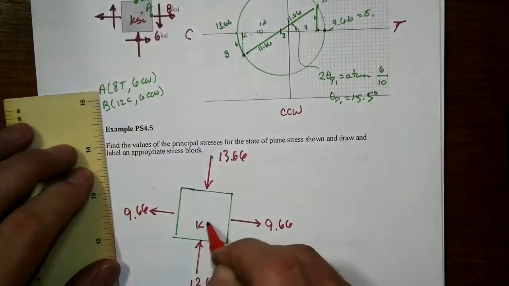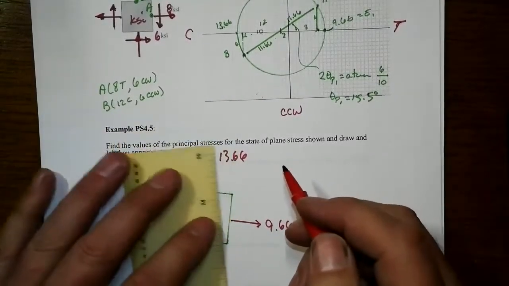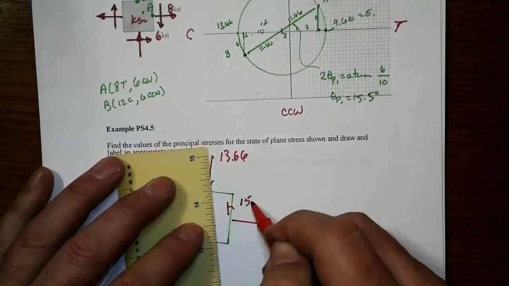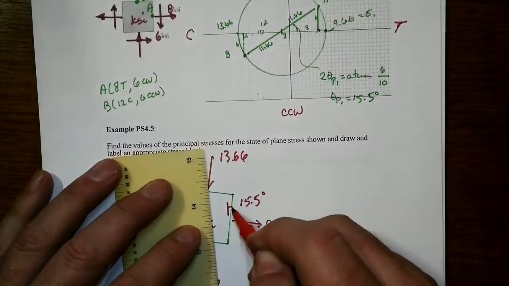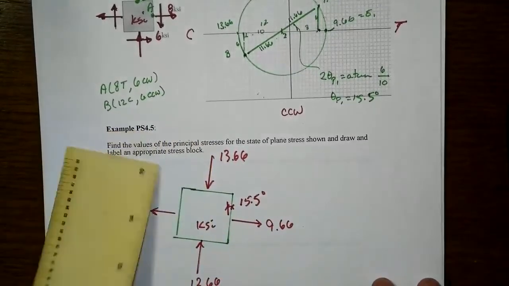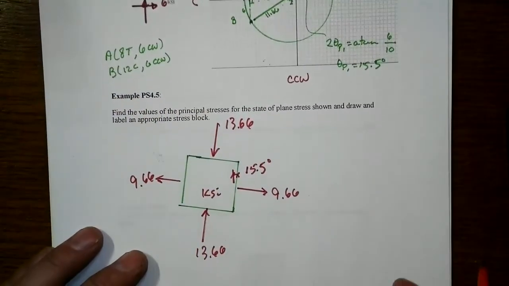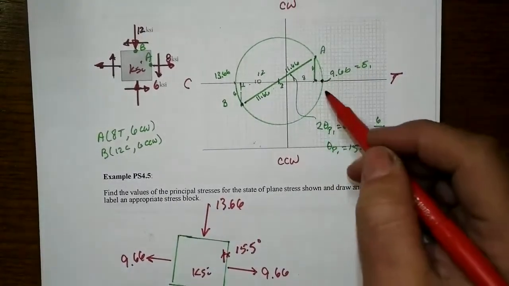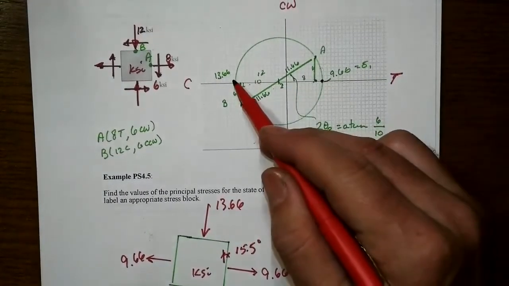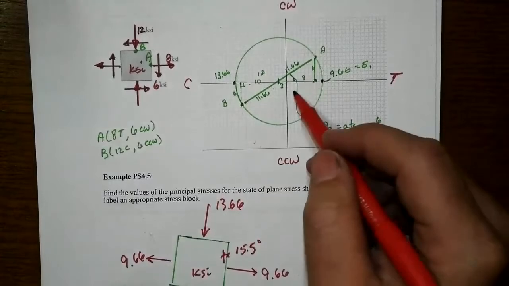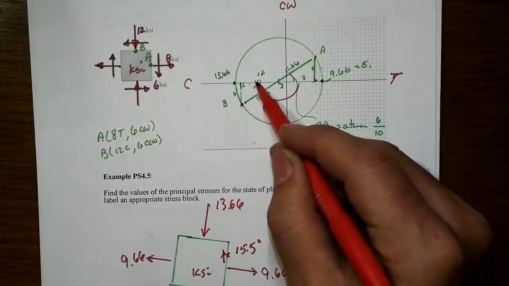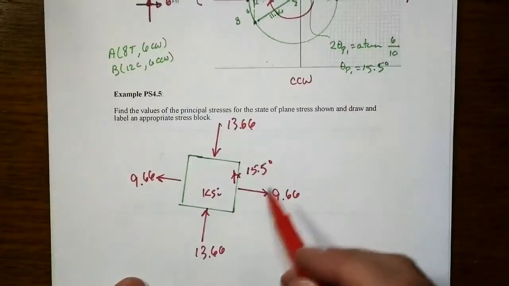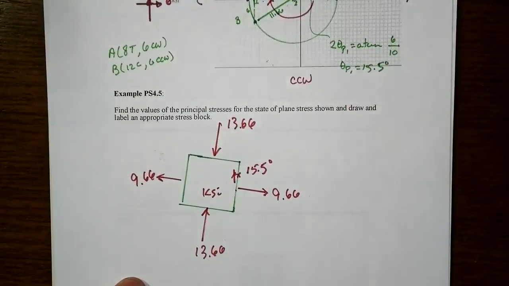This is all KSI. And again, that orientation is 15.48 degrees. To get there, how did I know that that was exactly what was going on? Well, again, there's your sigma 1. To go from 1 over to 2 is sweeping through 180 degrees on Mohr's circle. That's 90 degrees in real life, right? So that's how we go from here to here.